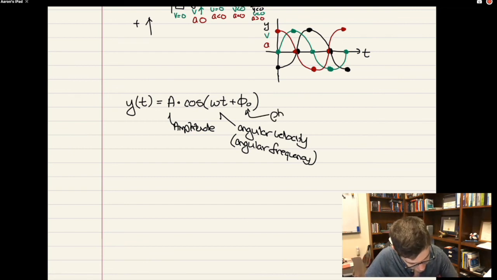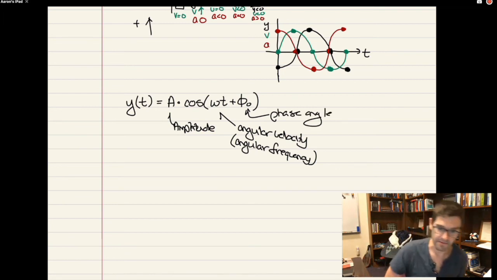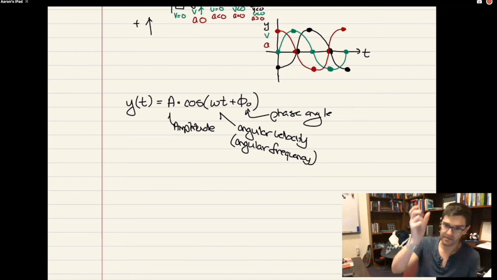And then this is called the phase angle. And this is a function of time. This is just cosine. If I were to plot this as a function of time, it would oscillate up and down. So we'll see where this originates and how this connects to actual physics, like spring constants, masses, that sort of thing in the next lecture.